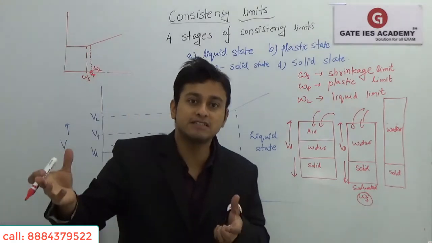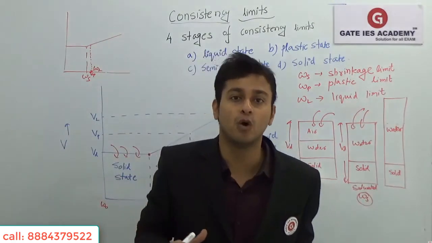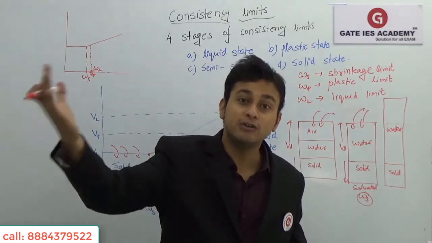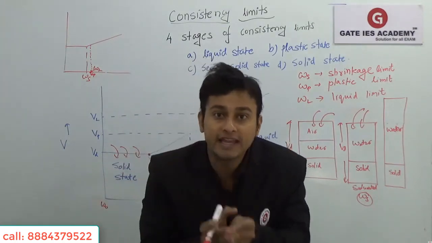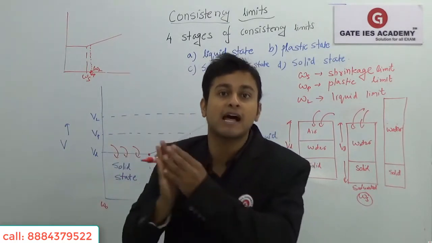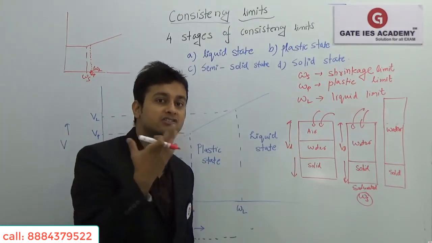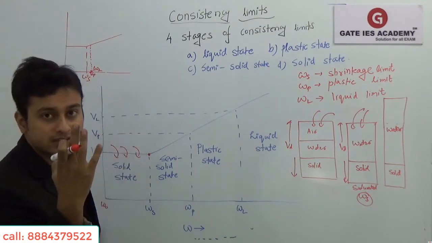What happens is we put some water, and starting only it will try to flow, it will behave as a liquid because it is not able to take water inside it and remain solid, semi-solid, or plastic. It is not able to do that. It just takes water and starts flowing straight away.